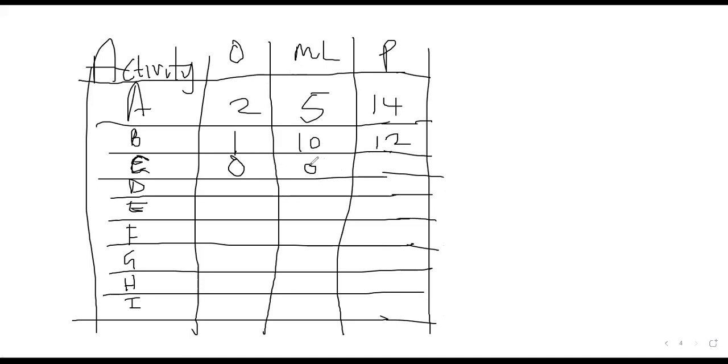Then 0, 0, and 6. Then 1, 4, and 7. Then 3, 10, and 15. Then we have 3, 5, and 7. G is 1.